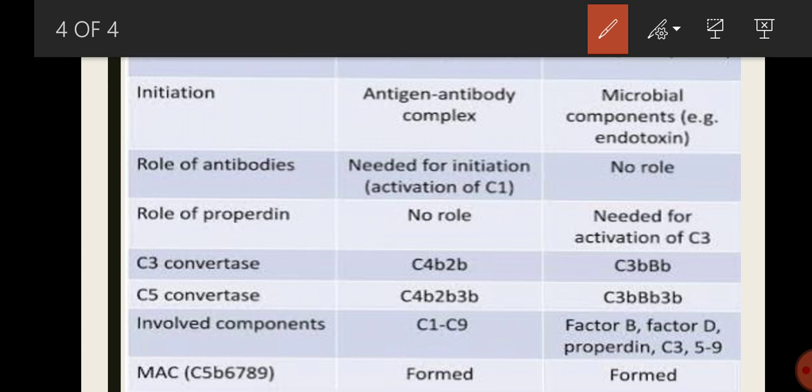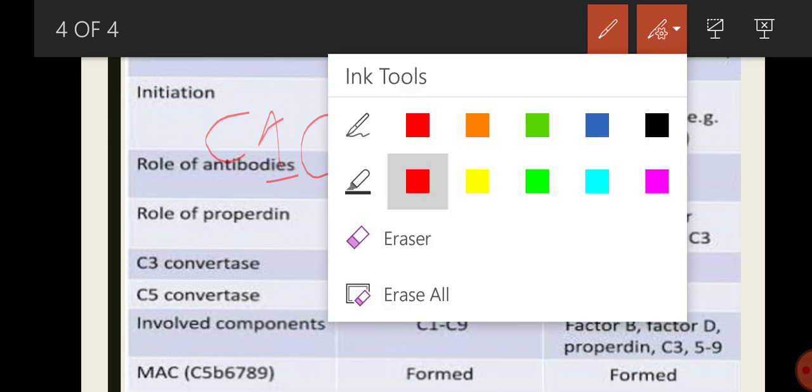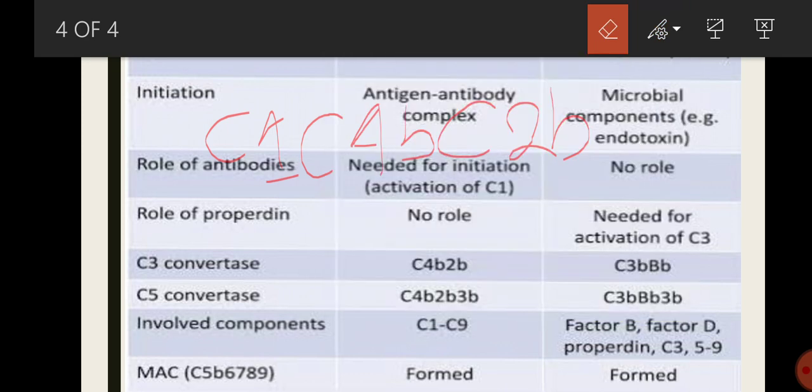So in case of classical pathway, there was first C1, then we had C4b, okay, and after C4 there was C2b. So C1 causes the activation of C4b, so it will not be included in it.